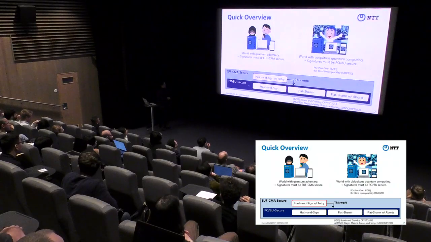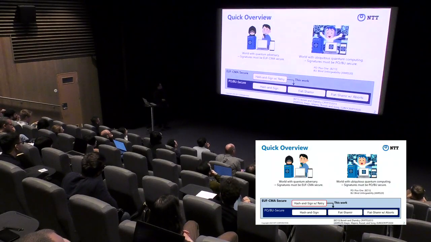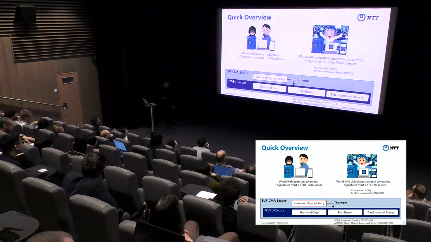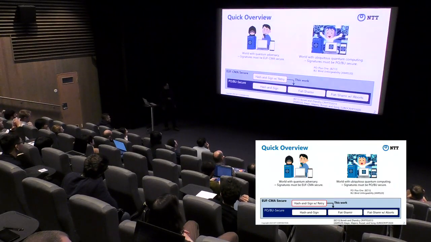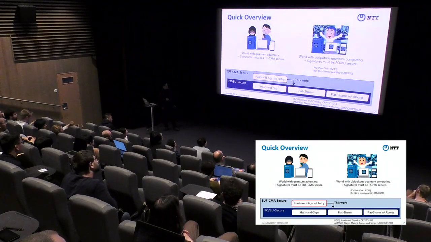This table is the current status of the proof of security of two major paradigms and their variants. There are two major paradigms for signatures, hash-and-sign and Fiat-Shamir. The variant of Fiat-Shamir is called Fiat-Shamir with aborts, and they both are used for ML-DSA.